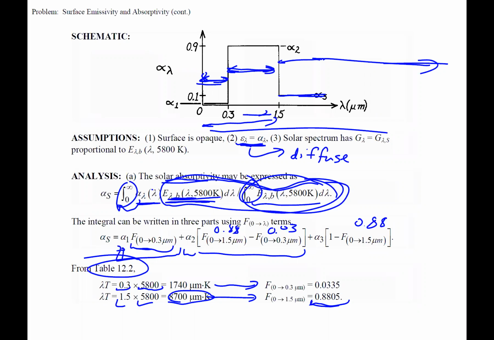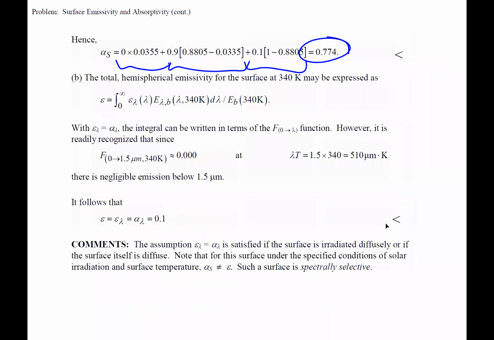The material is diffuse, which means this is equal to that. So the same curve here we can utilize for the emissivity. The thing that's different is the source. The surface is the source for emission, and its temperature is 340.